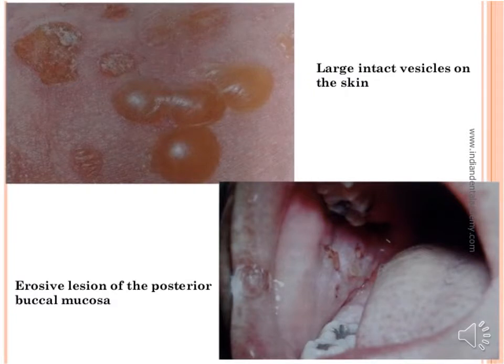If it becomes a large intact vesicle on the skin area, the erosive lesion of the posterior buccal mucosa leads to erosion of the vesicles by the occlusion of the teeth, becoming an ulcerative type.